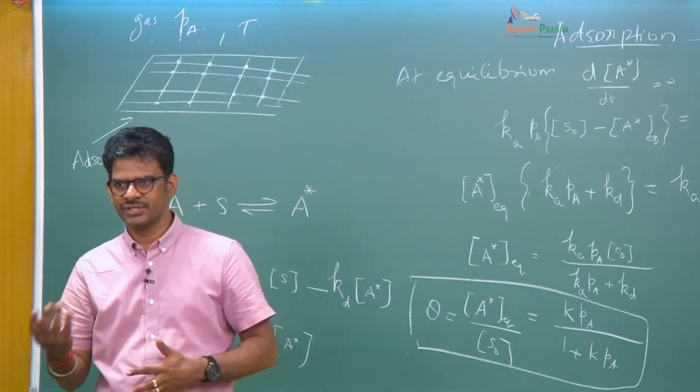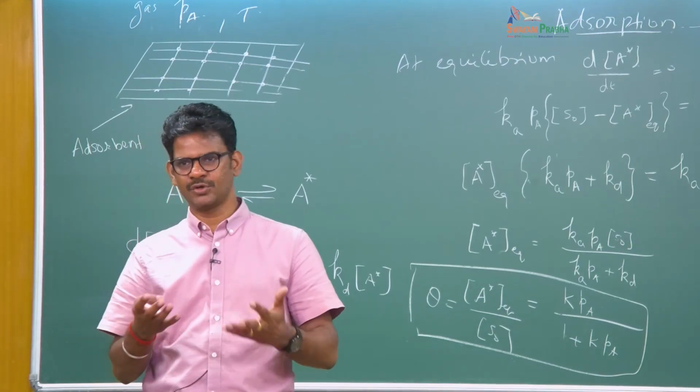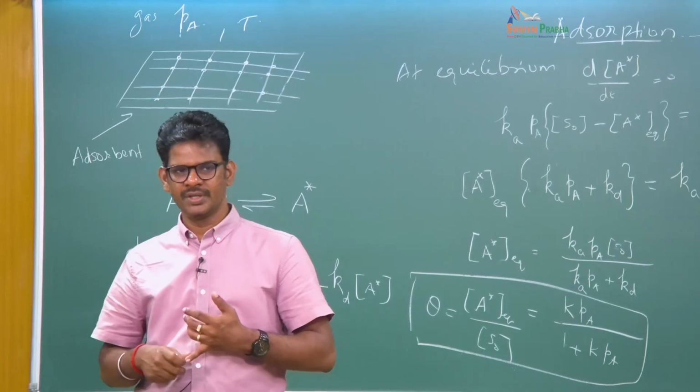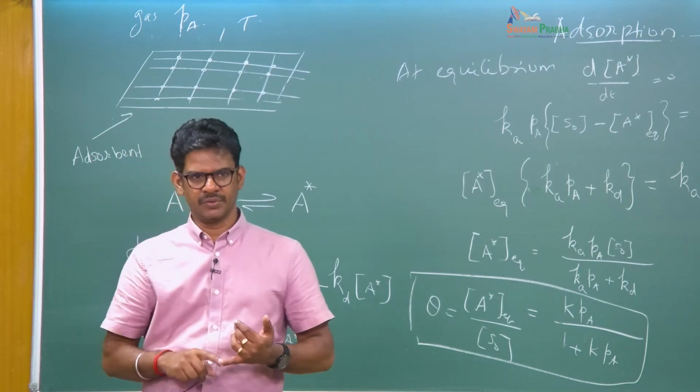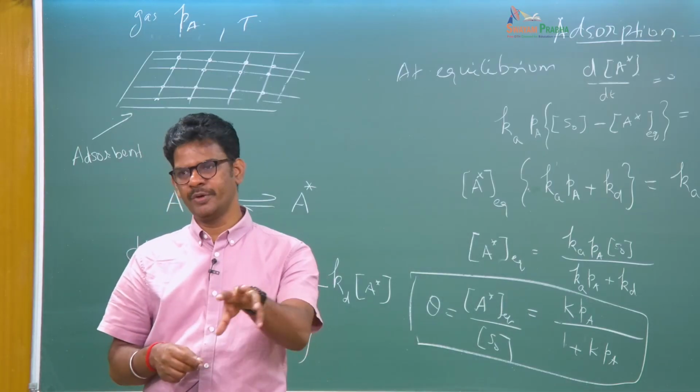Some sites are more energetic, some sites are not very energetic. So, there is also some sort of variation in the adsorption capacity of the sites. And another thing is, we say that one site is occupied by only one molecule, but many times that is not the case. One molecule may actually occupy 2 or more sites.